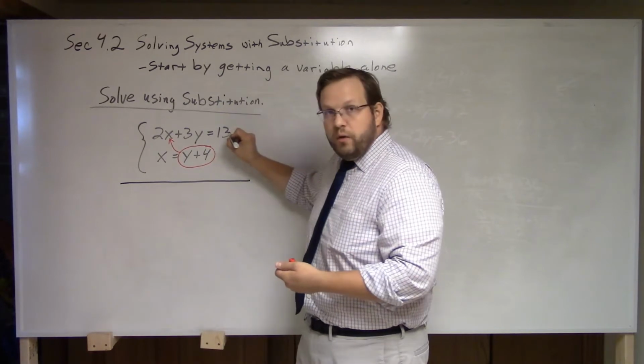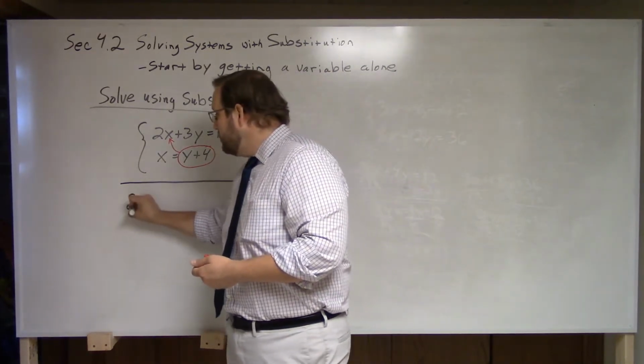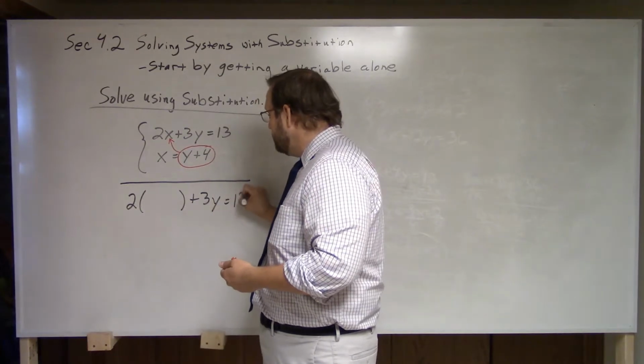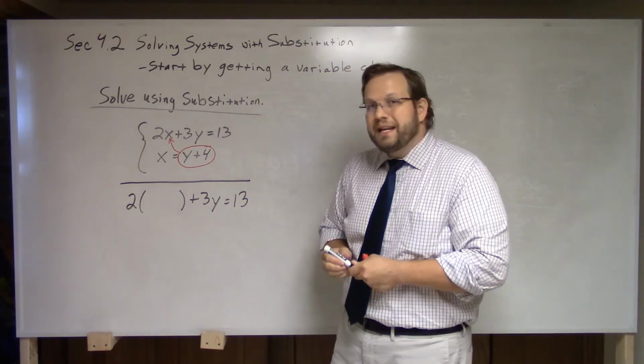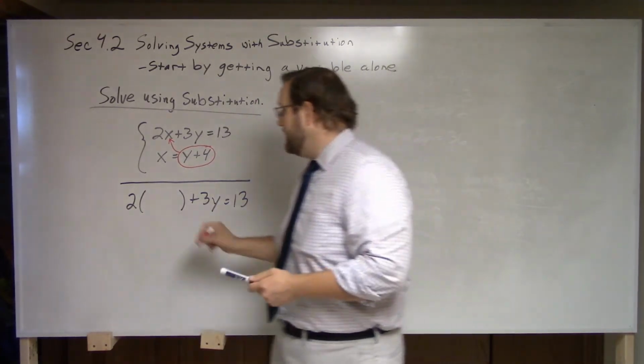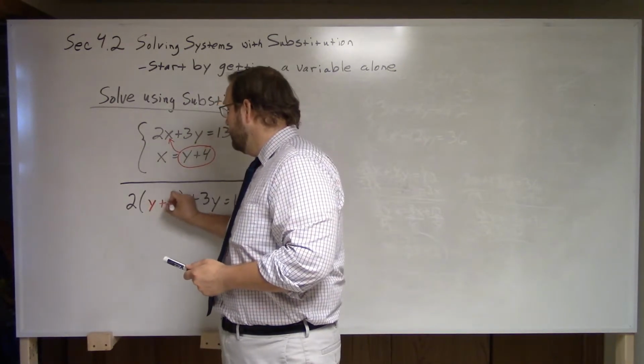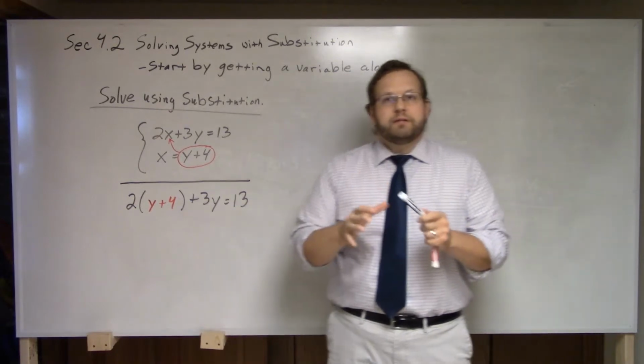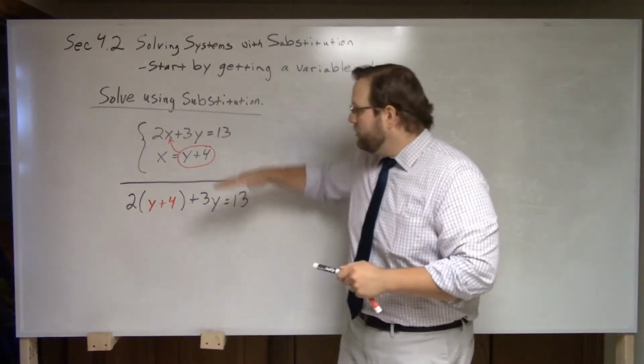The initial equation we were given was 2x plus 3y equals 13. But now instead of x, I want to say y plus 4. Okay? When we're given a linear equation, we have two variables in it.